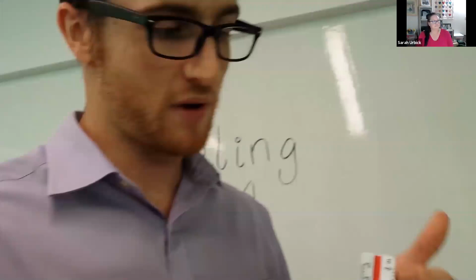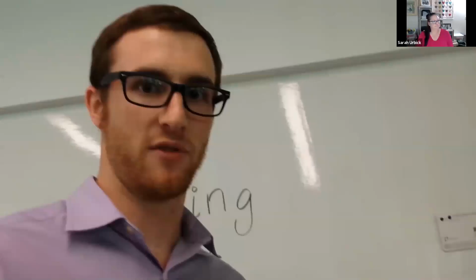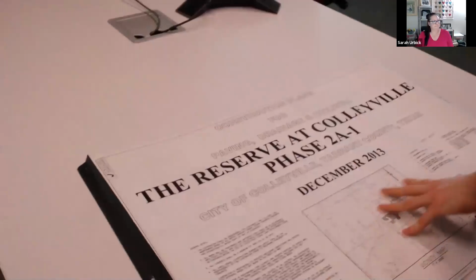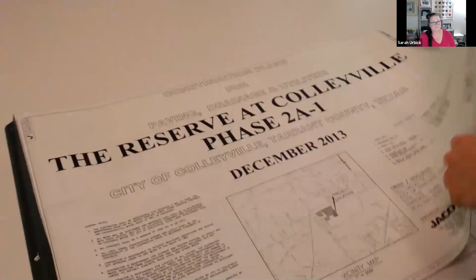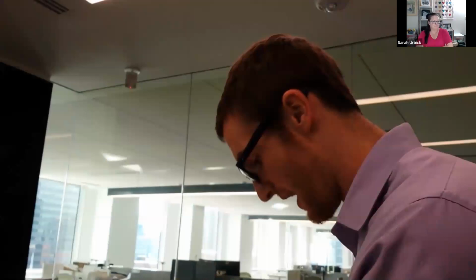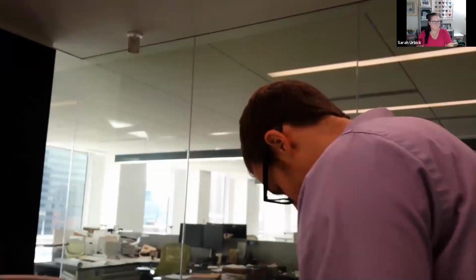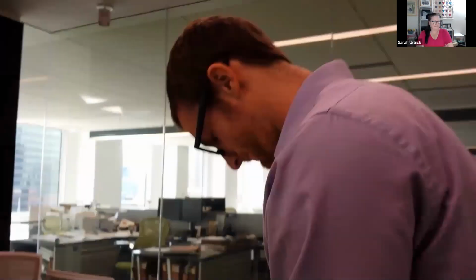So let's come to a plan set. Follow me. Here's a plan set, and we're just going to go to the storm page. Now, here at Jacobs, our storm sheets are usually drawn at 40 scale. So here's a bar scale.